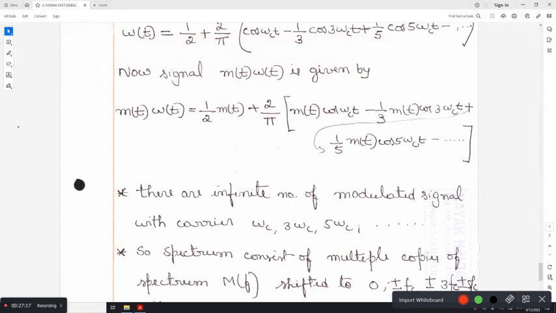So how do you remove that? Use a filter, right? Use a band pass filter with the center frequency omega c. All other frequencies are not required for us. So you just have to pass this. This is not required. This is not required. What is required is only this. So you pass it through a band pass filter with the center frequency omega c.